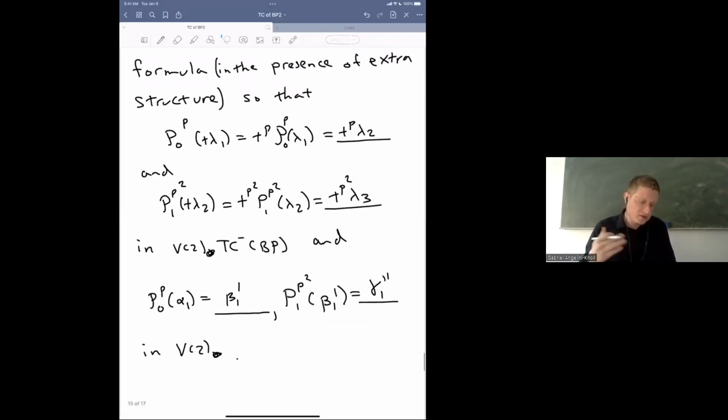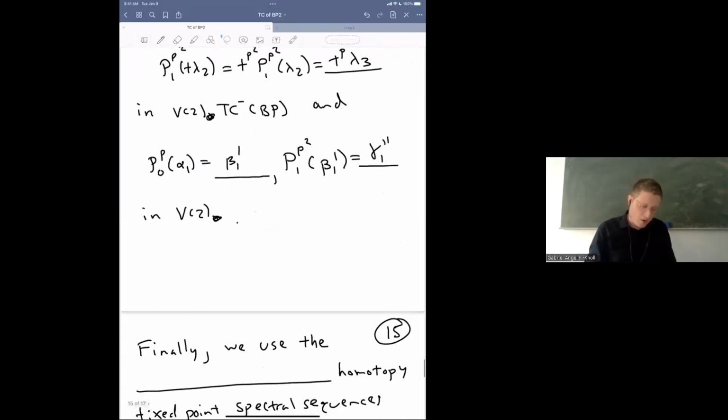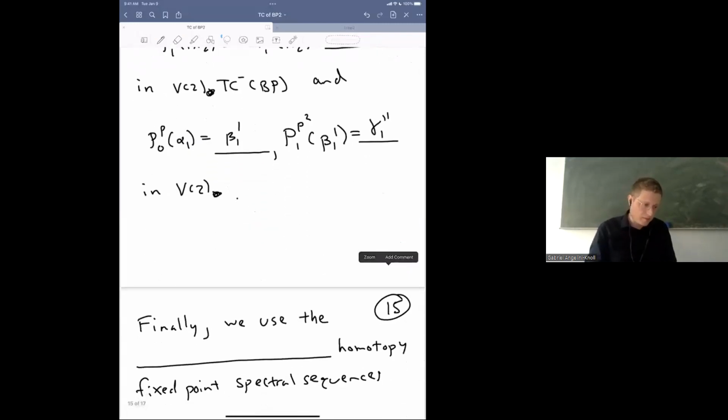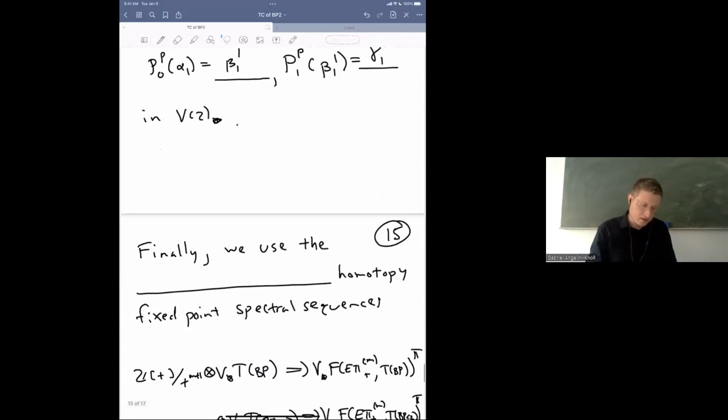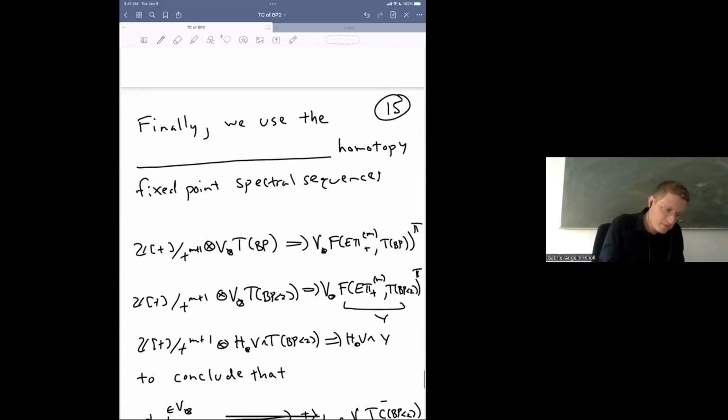Okay, so you basically use these power operations. And then there's one other ingredient here, which is that you use these nth order approximate homotopy fixed point spectral sequences.